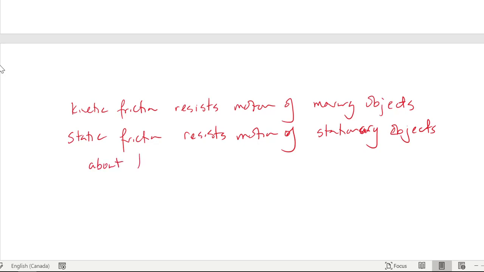And this part is important, right? Those objects are just about to move, they just haven't moved yet. If the objects aren't moving at all, there's no friction. Now, if there are two types of friction, that means there are two types of coefficients of friction.